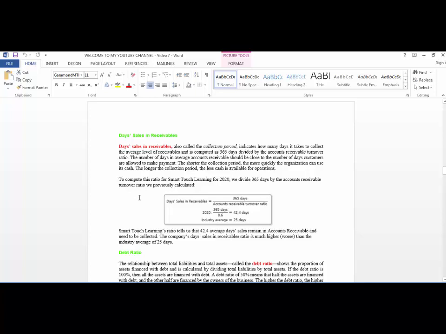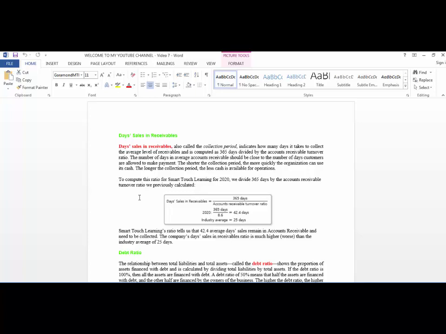Days' sales in receivables is basically called the collection period, which indicates how many days it takes to collect the average level of receivables in a year. If the collection period is shorter, the company can quickly collect its cash.